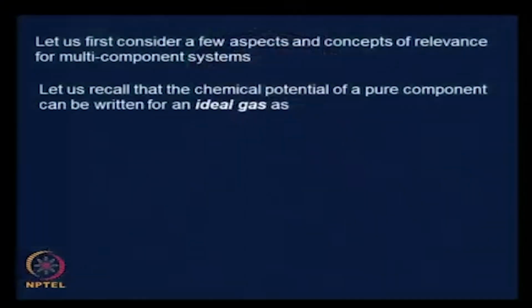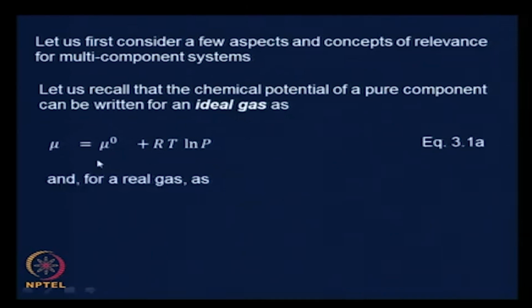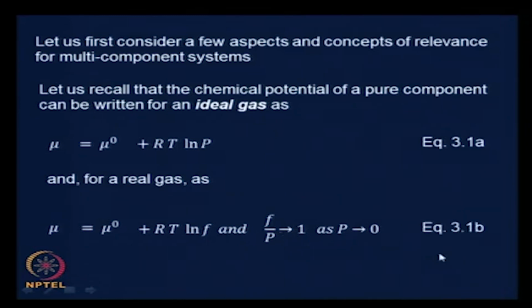And then for the real gas, you replace the pressure: mu equals mu naught plus RT ln P, where mu naught is a function of temperature alone. This was for an ideal gas, and when you write it for the real gas, it becomes mu equals mu naught plus RT ln f, where f by P tends to 1 as P tends to 0.